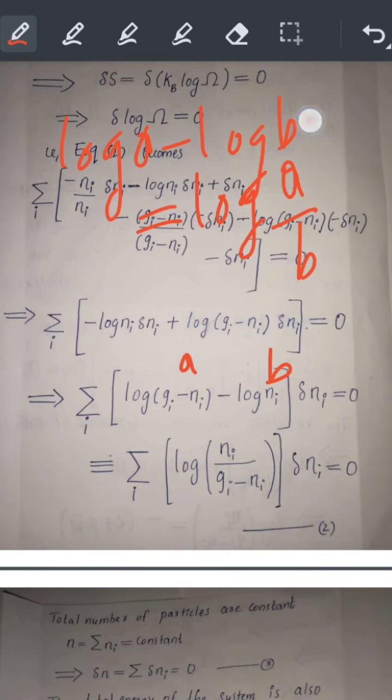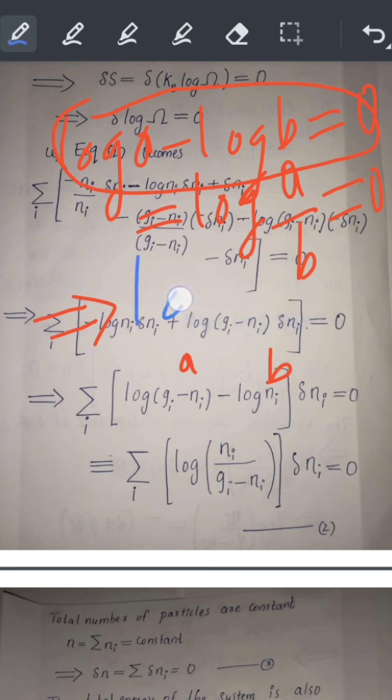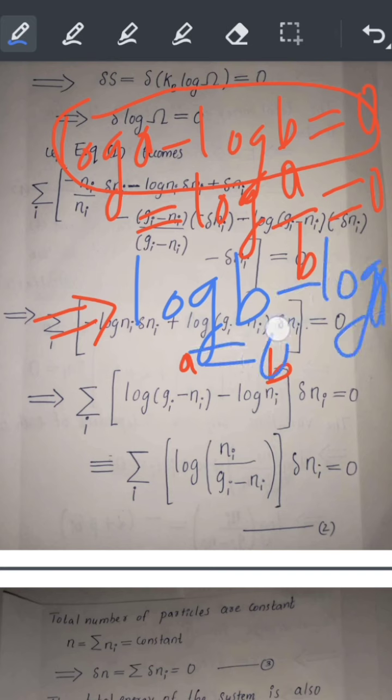Because if log a minus log b is equal to 0, that implies log a by b is also 0, and also if log a minus log b is 0, it implies log b minus log a is equal to 0.